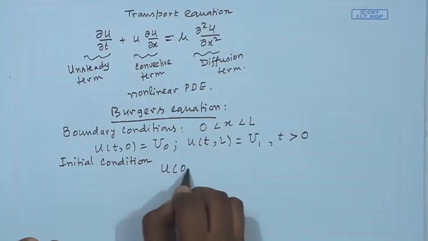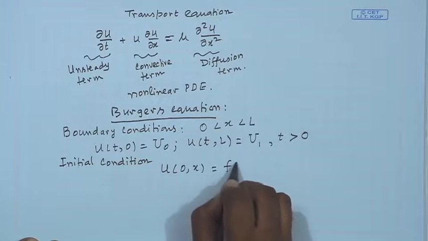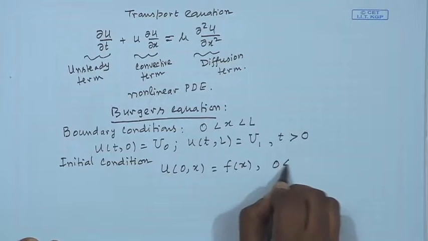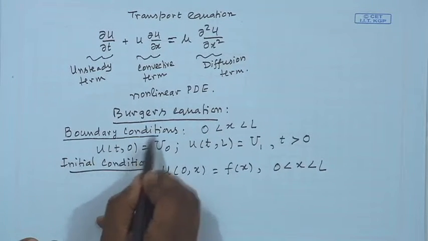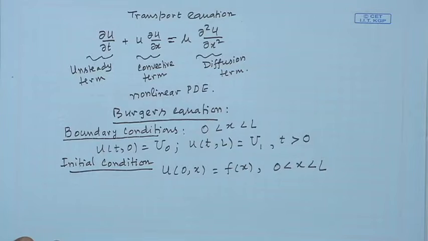So, u 0 of x is f of x for 0 less than x less than L. Two boundary conditions are required, because second order derivatives are involved for x and first order for the time.